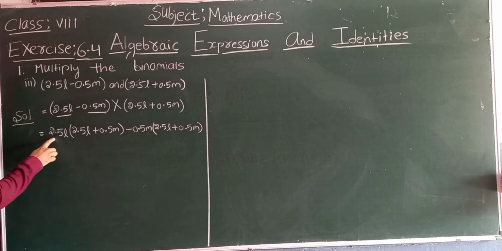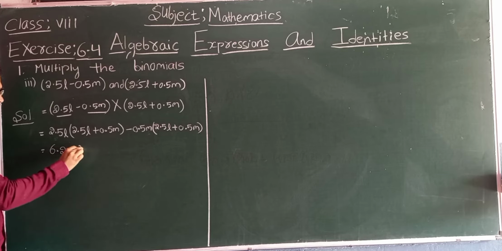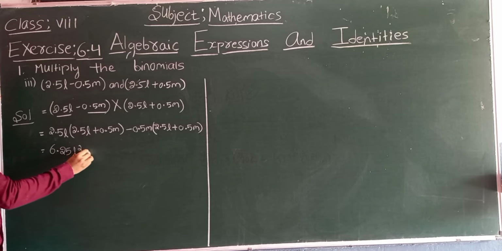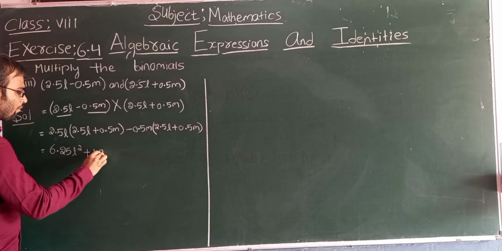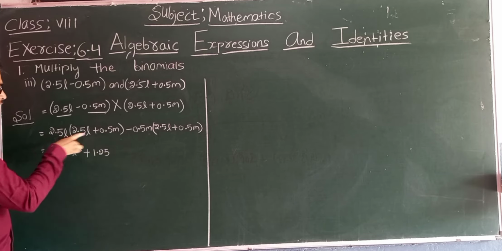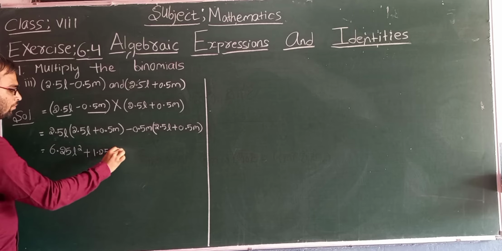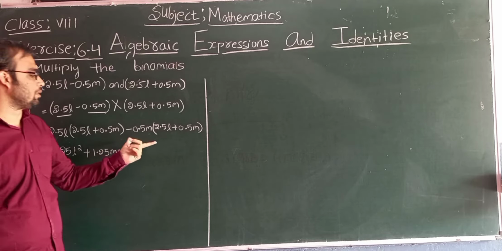Both the sides have plus, so 2.5 times 2.5 will be 6.25. Next L into L will be L square. Plus into plus will be plus. Next 2.5 into 0.5 will be 1.25. L into M will be LM or ML. Now come to this part.